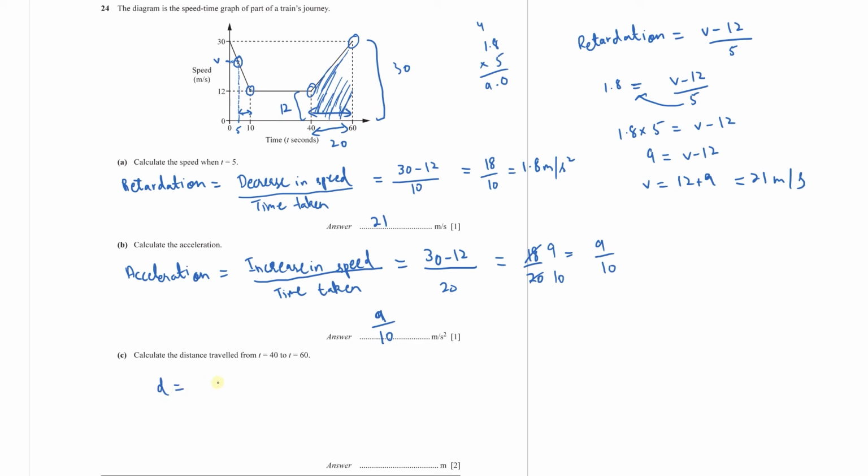So your distance d would be 1 by 2 into height, which is 20, into the sum of parallel sides, 12 plus 30. So 1 by 2 into 20 into 42. So this becomes 10 if I divide by 2. And then 42 times 10 is 420 meters. So your answer would be 420 meters.